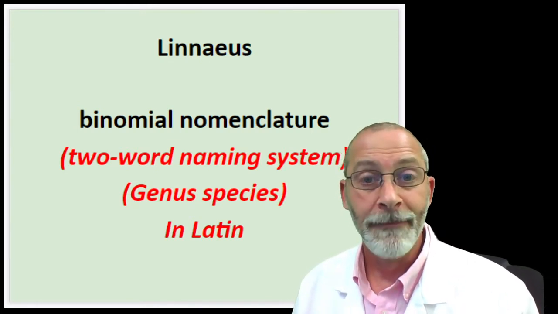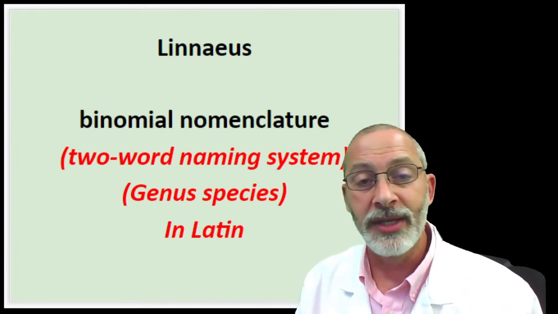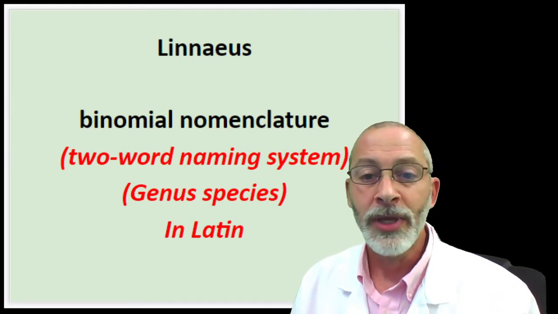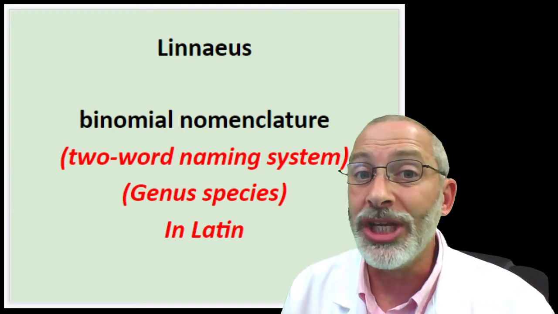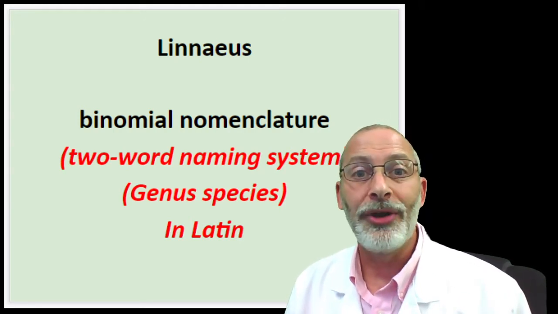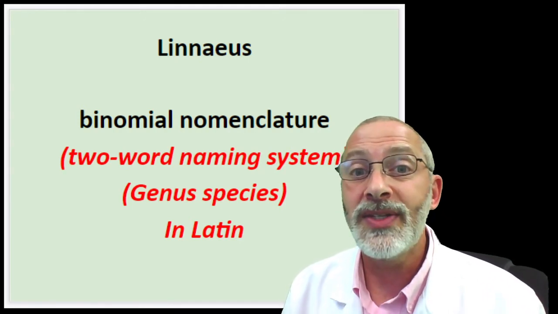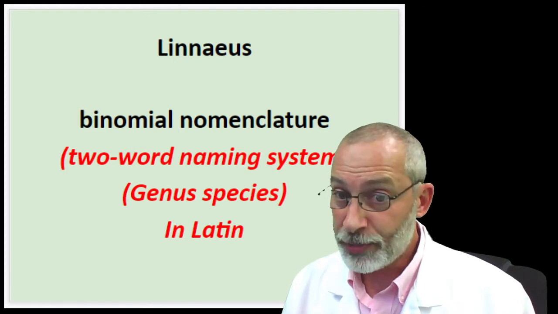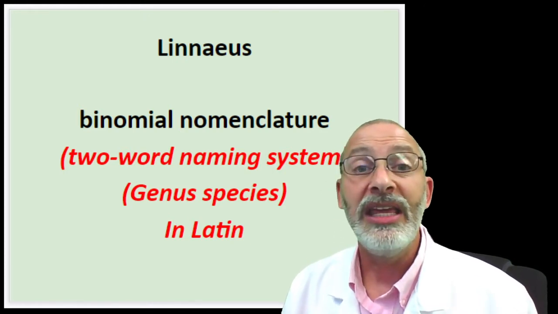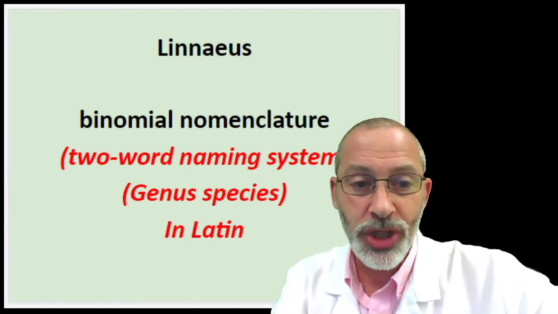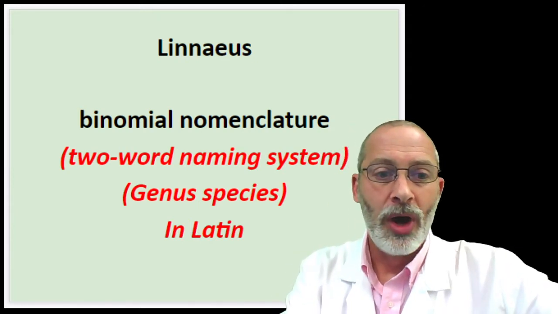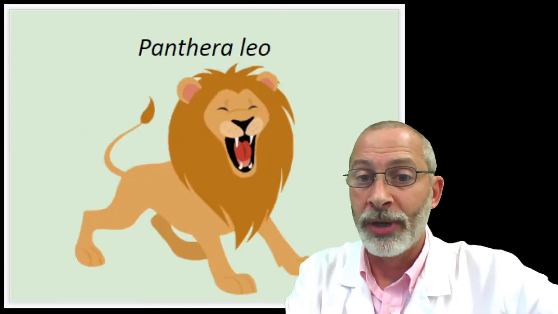And when you write foreign languages in this context, they're always italicized. Also, pay attention to the fact that the word genus, the first letter is capitalized, and in species, the first letter is lowercase. So genus, species in Latin are the binomial nomenclature.